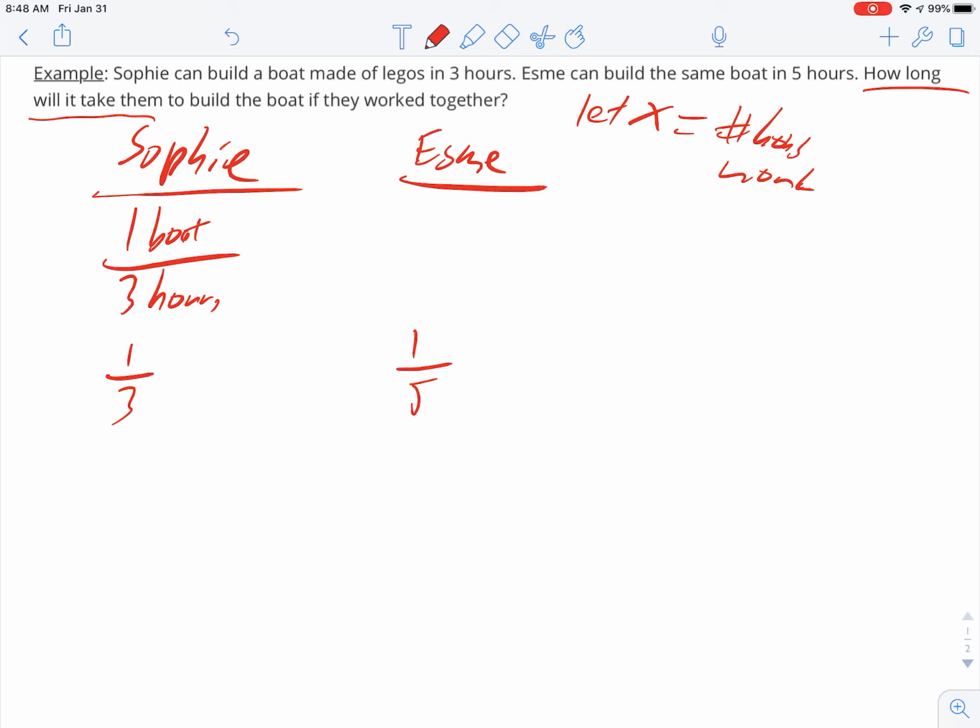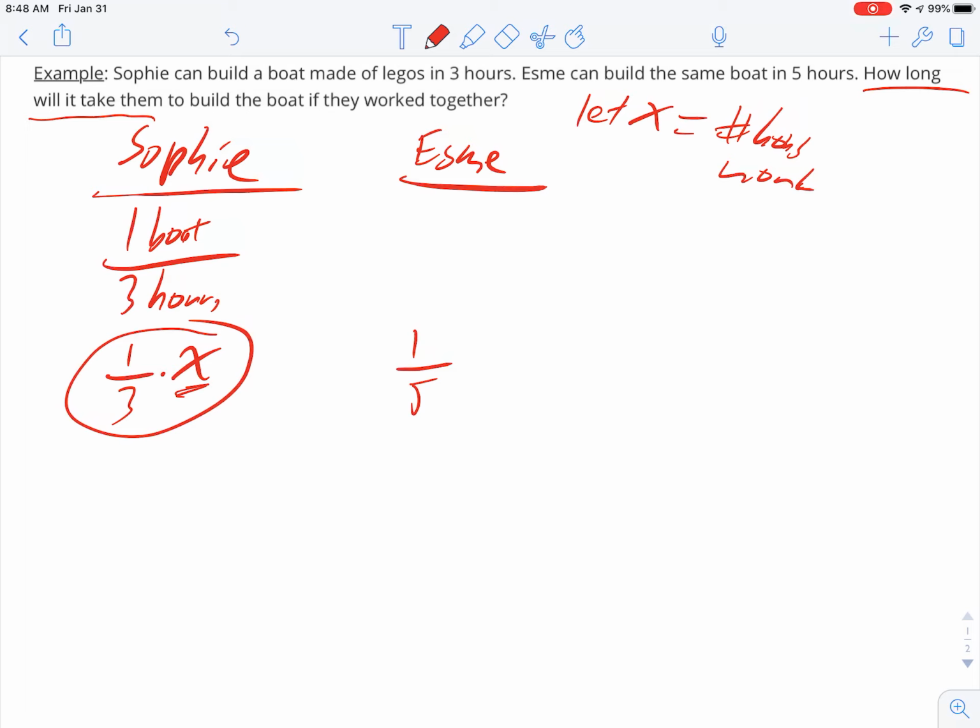So if you work 1/3 of a boat per hour, and you do that for some number of hours, if you multiply the rate by the number of hours, that should tell you the amount of boats built in that amount of time. So Sophie's rate multiplied by the amount of time she worked, X, tells you how many boats she made in X hours.